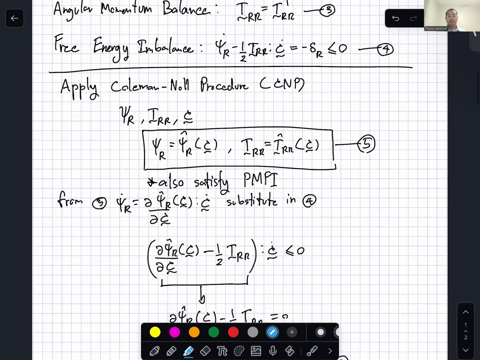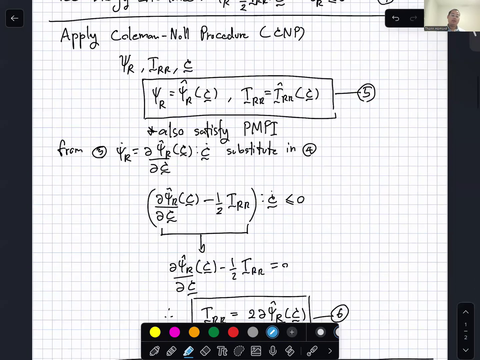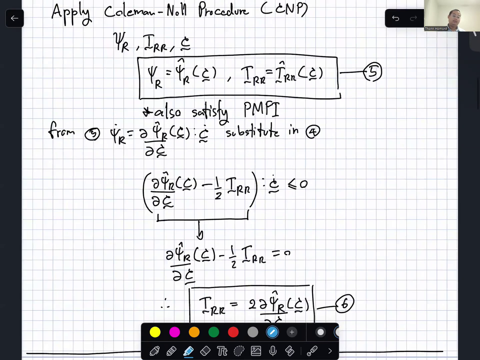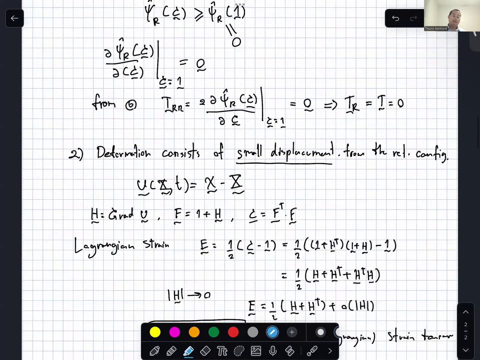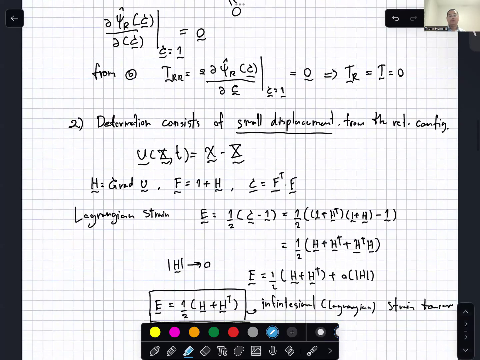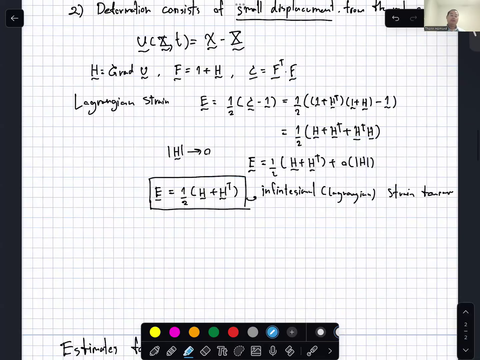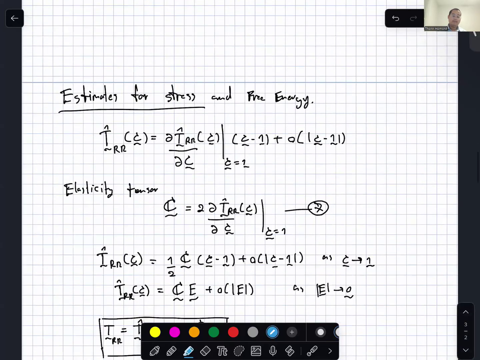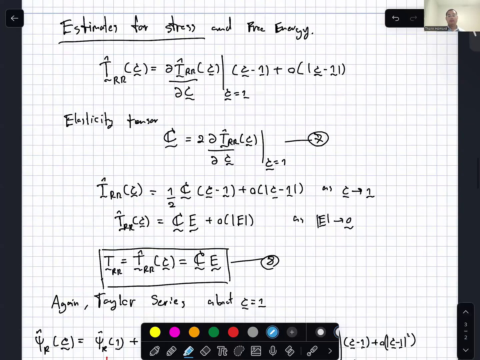We apply the Coleman-Noll procedure and make sure that it also satisfies the PMFI, and we choose to work with the symmetric stress to make it less mathematically exhausting. And we apply the assumption that the reference configuration is stress-free, or natural, and undergoes small deformation or small displacement.